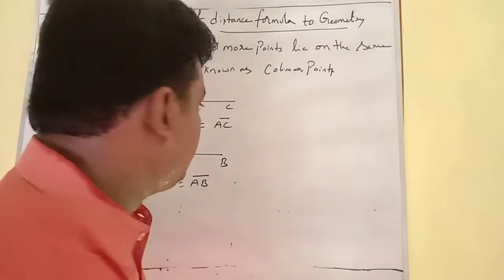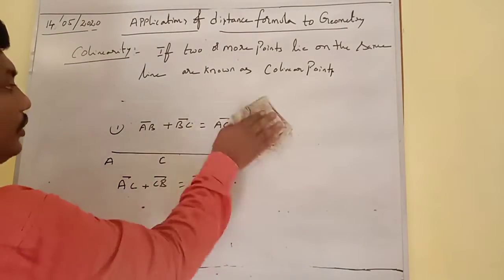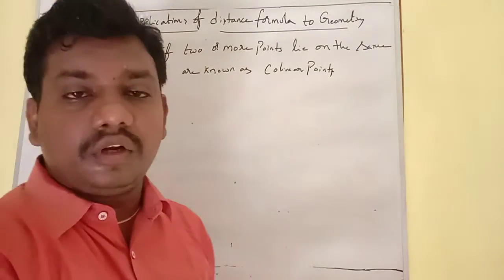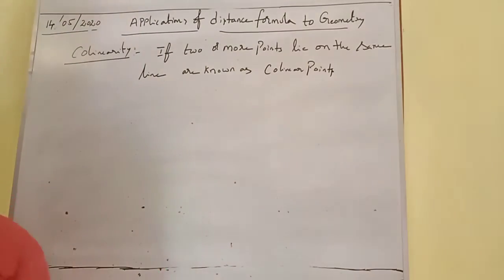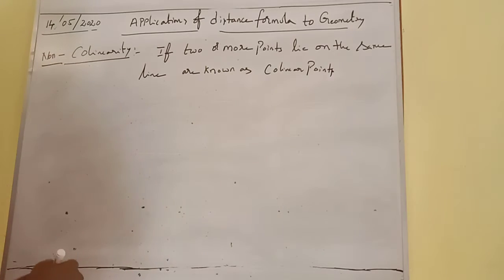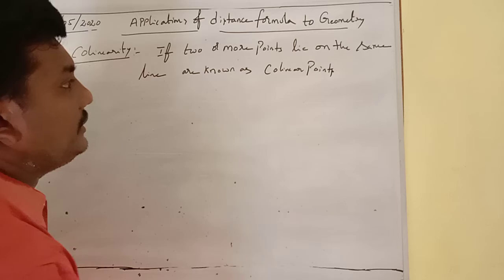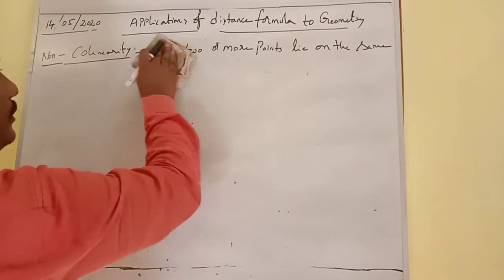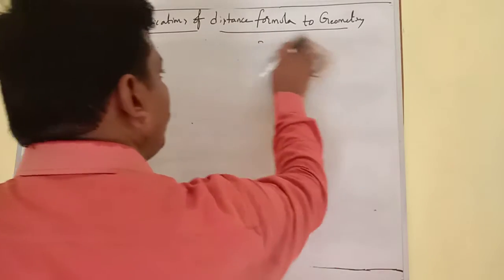Now, in the case of non-collinearity, how is it? Non-collinear points. If 3 points A, B, C are non-collinear, what happens now?